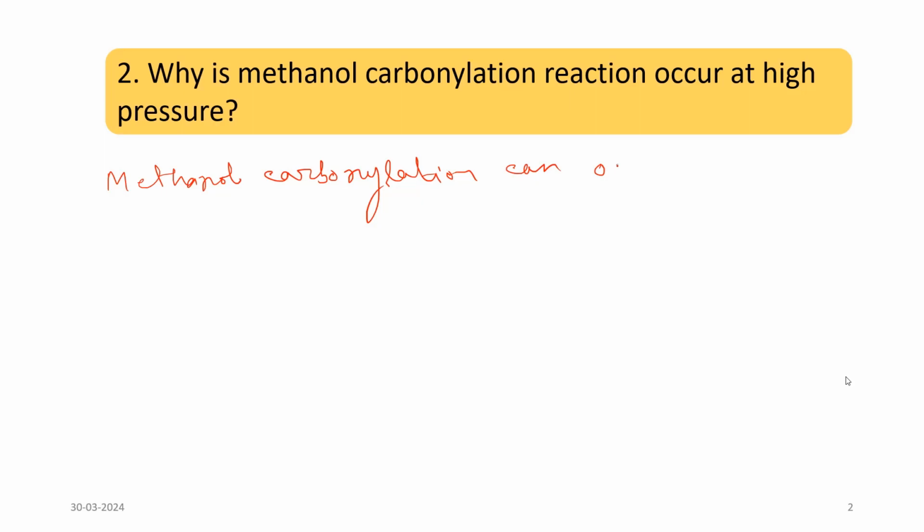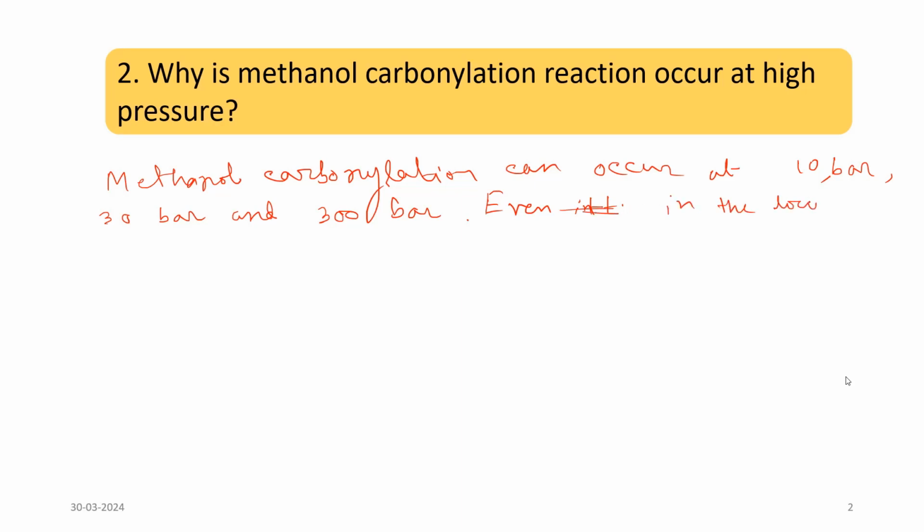So methanol carbonylation is an exothermic process, as you have just seen. And now methanol carbonylation can occur at 10 bar, 30 bar, and even at 300 bar. Right? That means it can occur at high pressure also.